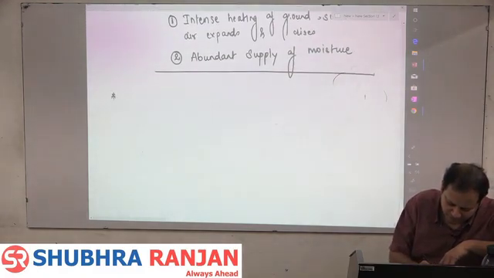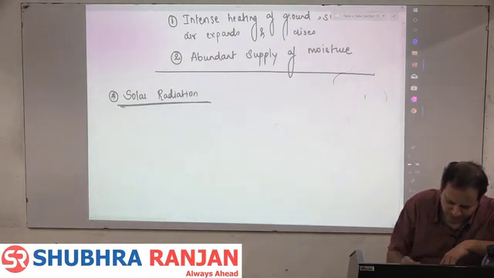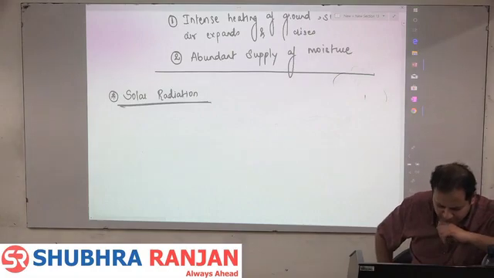Next point, solar radiation is the main source of heat to produce convectional currents.